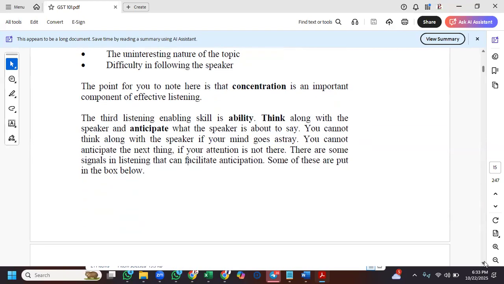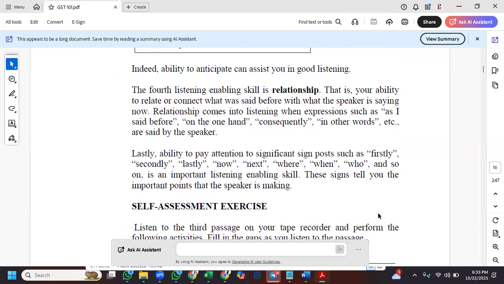So that is it. And the fourth one, you see the way they arrange it now. The fourth listening enabling skill is relationship. That is your ability to relate or connect what was said before with what the speaker is saying now. Guys, anticipate what the speaker is about to say next.